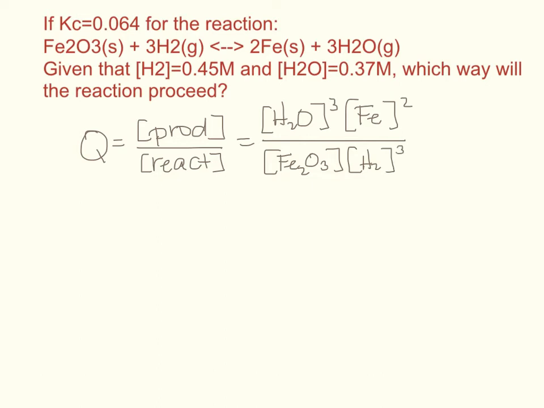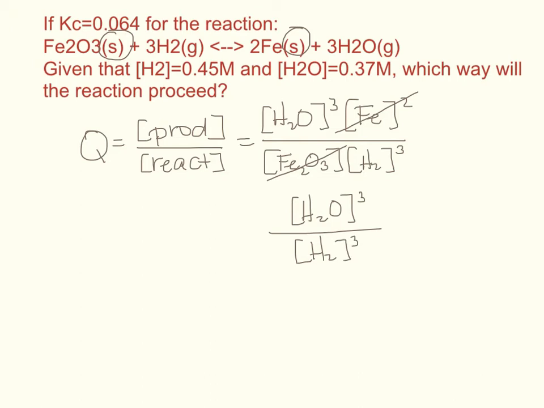cubed. But what I notice is that I have a solid in my Fe and a solid over here, so I can actually omit both of those from my equation. So I'm left with H2O cubed divided by H2 cubed.